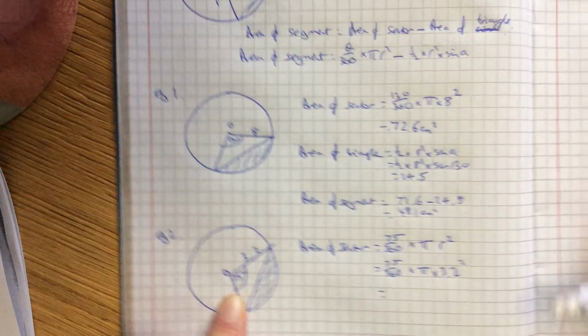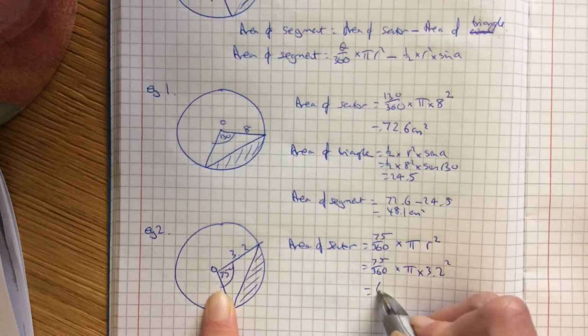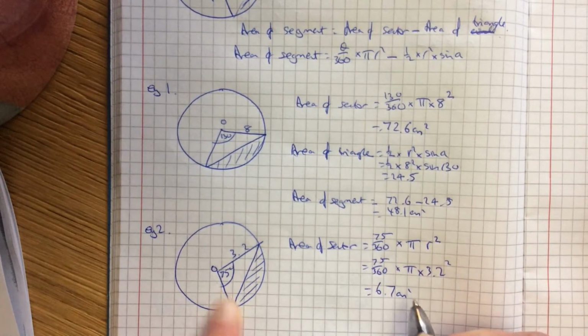If you work that out, it gives you an answer of 6.7 centimetres squared.